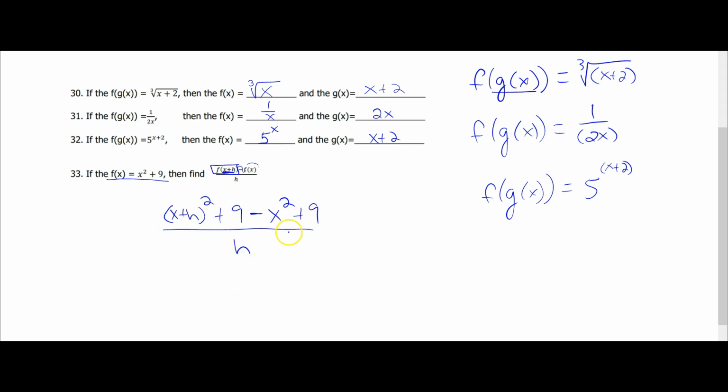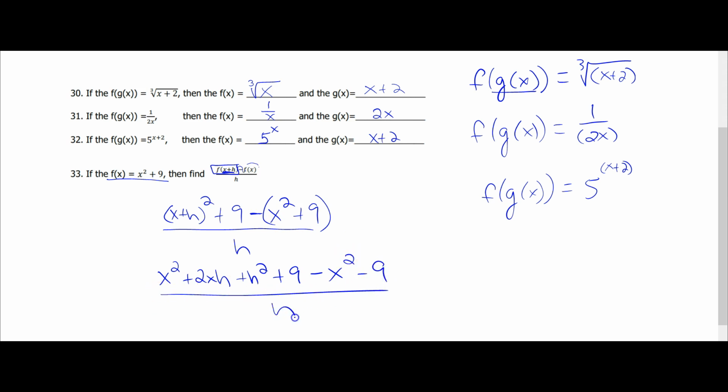Now I don't expect you to do much more than this, but we can clean it up a little bit. By the way, this x squared plus 9 should be in parentheses. Distribute your negative. And so we're going to do the shortcut to that binomial squared there. I'm going to distribute this negative right here.